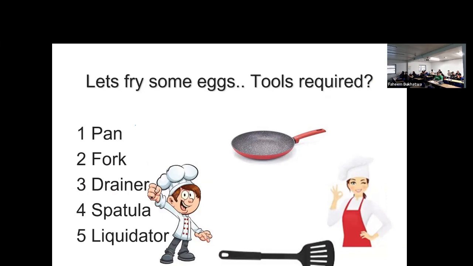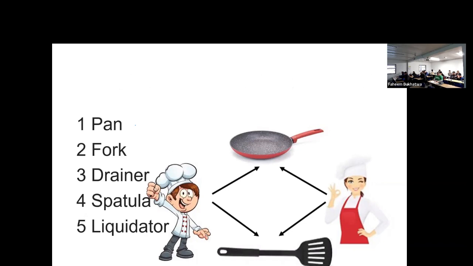Now, these are the list of tools in the kitchen. You walk in the kitchen and you start looking, where are my tools? What tools do I need? And you need tool number 2 and tool number 4. These are the two tools required to fry your egg. Now, two people walk into the kitchen. Of course, there could be more, but these are like processes going into a computer system.